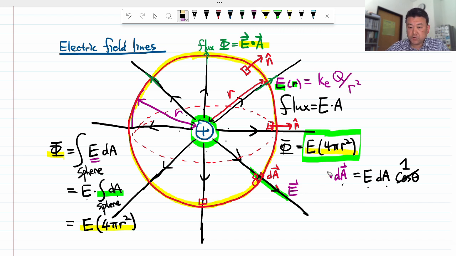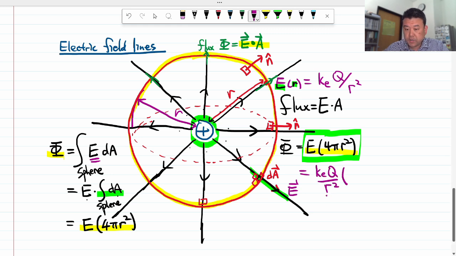Plugging this into the flux, we can see that the r squared in the denominator cancels out with the r squared in the numerator, so the total flux through the spherical surface is, let me rearrange the terms a little bit, Q times 4 pi times Coulomb constant.